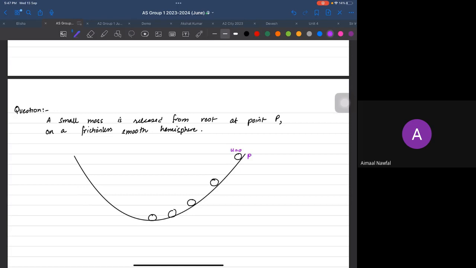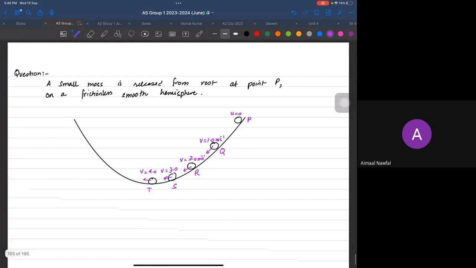It's called point P. At this point, the velocity is 1.0 meters per second. It's Q. At this point, the velocity is 2.0. This was basically R. At S, the velocity is 3.0. And at this point, the velocity is 4.0. And this is T. Okay, so they're giving you this.